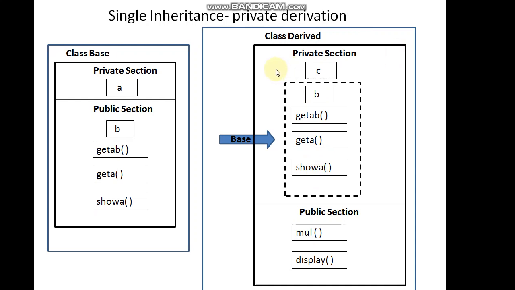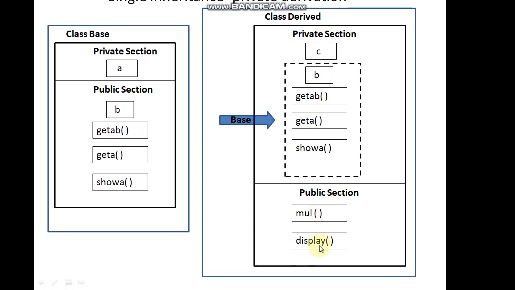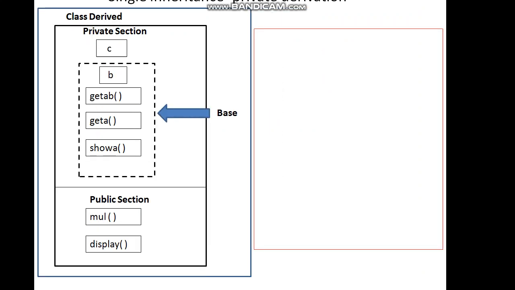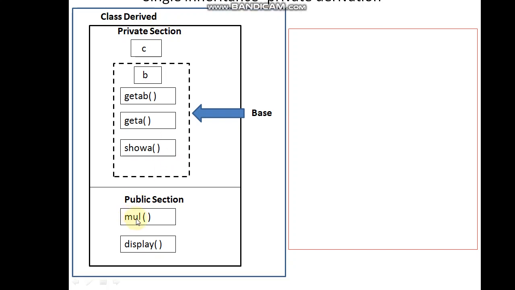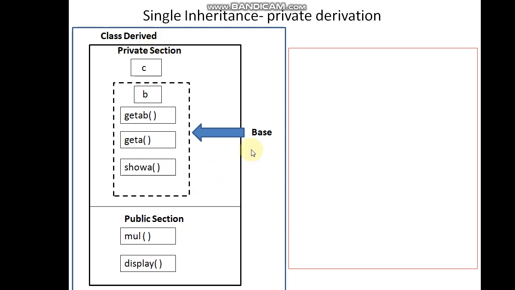Now, outside the derived class, we cannot access these members. We can only access the multiplication and display functions outside the derived class. If we create the object of the derived class, we can access only the multiplication and display functions, but not these members.